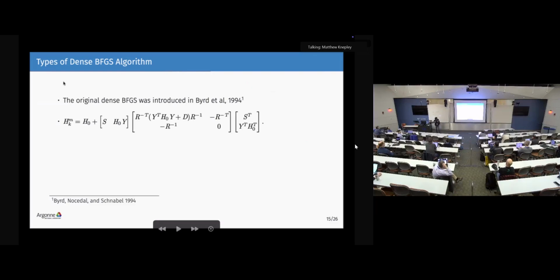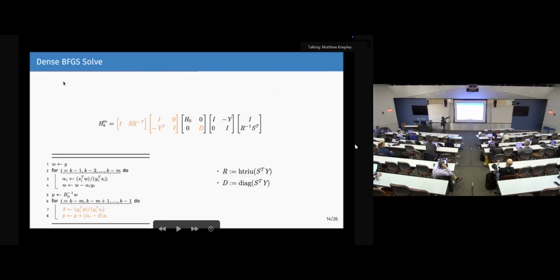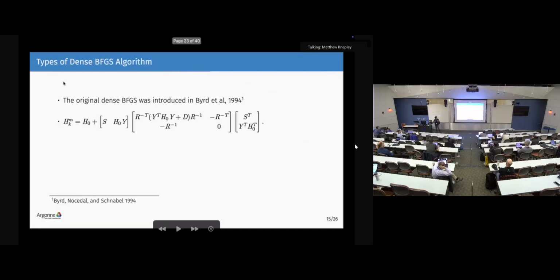For illustration, in our version there's only one H0. So whether H0 is a diagonal, identity, scalar, or whatever, you just do it once and that's it. But in the Broyden-Fletcher-Goldfarb-Shanno one, there are 4 of them.